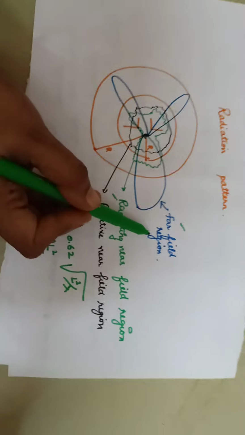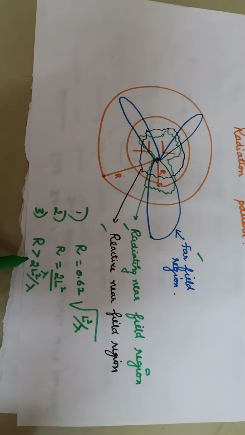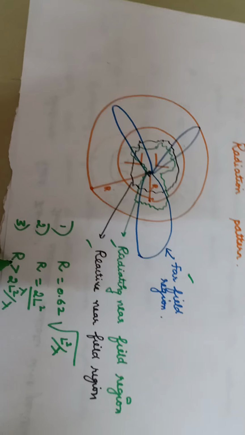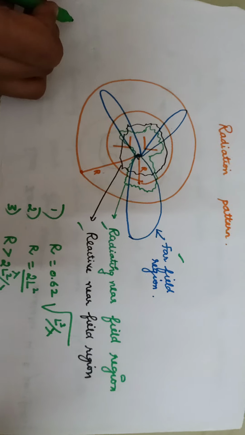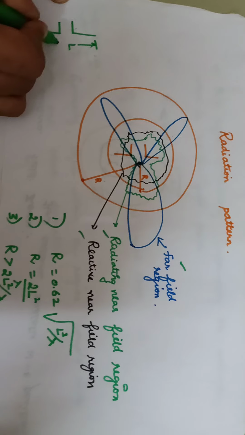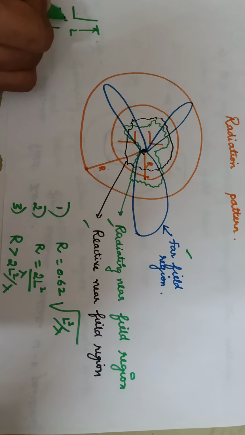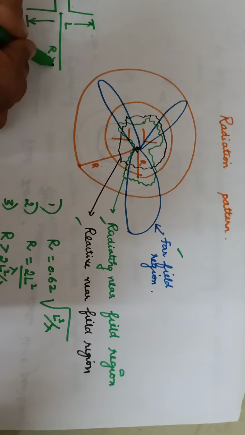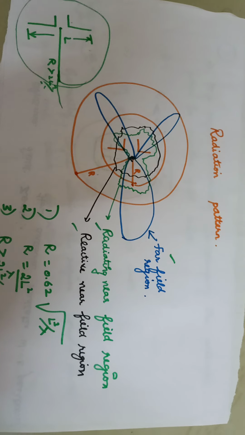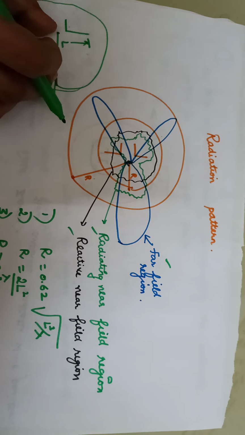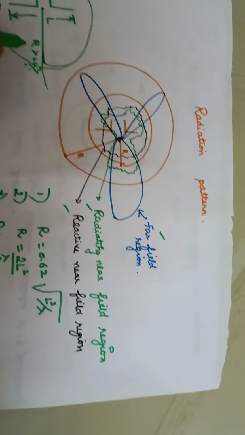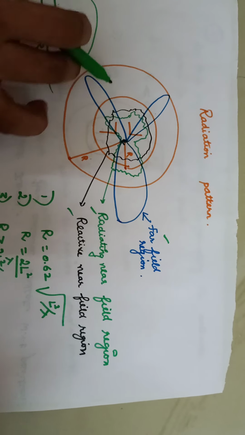What is the far field region? Whatever region is greater than 2L square by lambda contributes to the far field region. R refers to the radial distance and L refers to the length of the antenna. See how I draw this R and L: if R equals 2L square by lambda, that is one circle, and greater than that is this part. A radial distance greater than 2L square by lambda is called the far field.